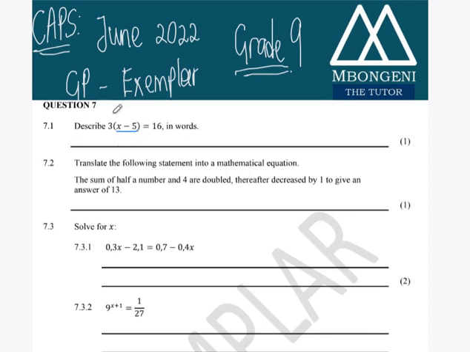One way to answer it is: the difference between a number and 5. Remember, minus is the difference, so a number is x and 5. This difference of the number and 5 is multiplied by 3.